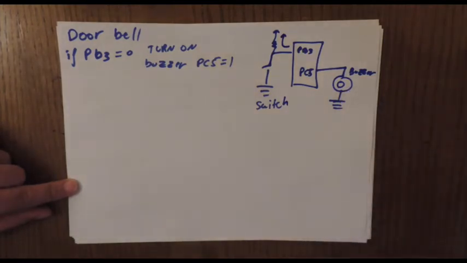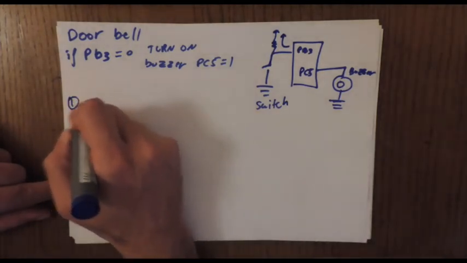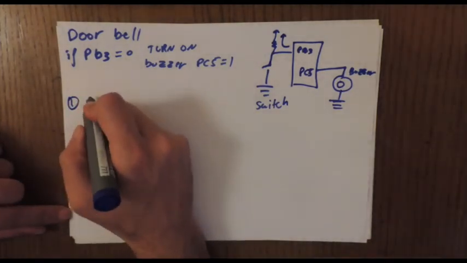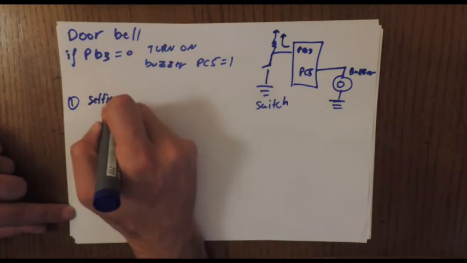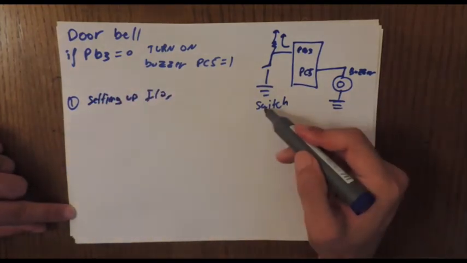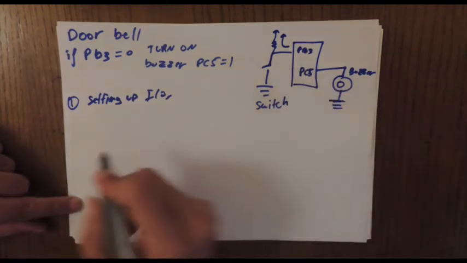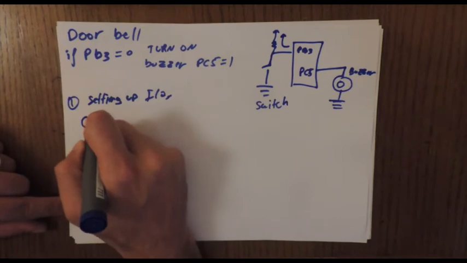So as with all I/O problems, first we're gonna start with setting up I/Os. In this case, the switch is an input and the buzzer is an output. So we're going to use CBI.